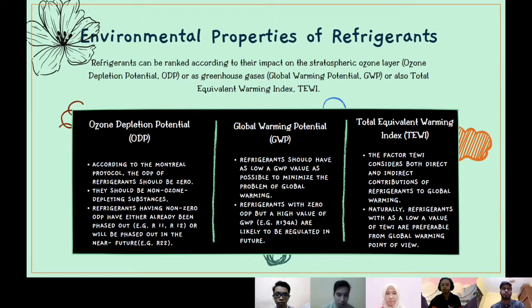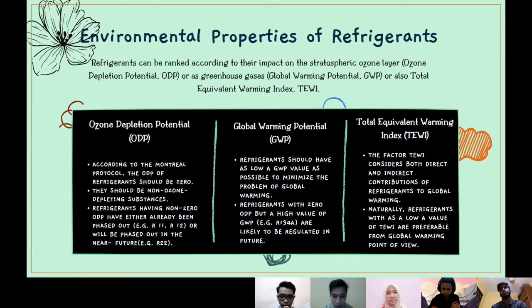Refrigerants having a non-zero ODP have either already been phased out or will be phased out in the future. The second one is global warming potential, known as GWP. The refrigerant should have as low a GWP value as possible to minimize the problem of global warming.